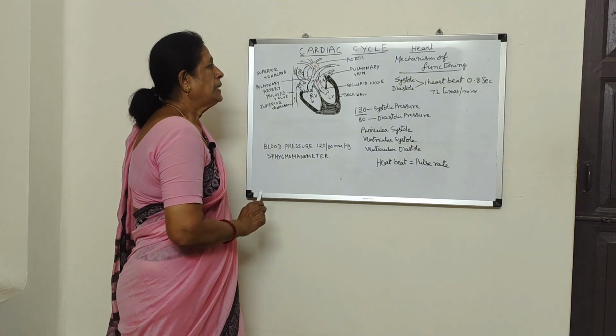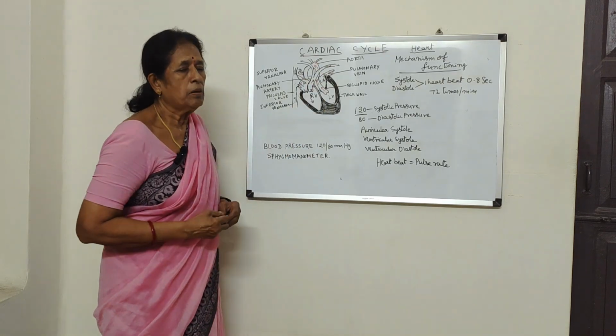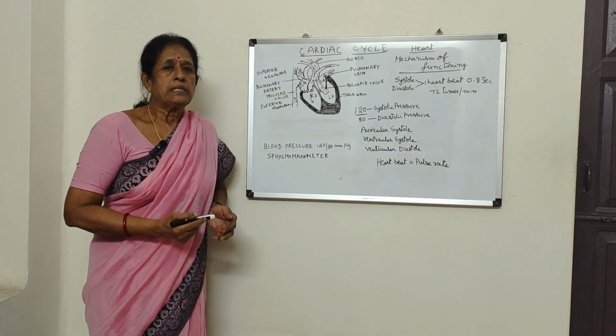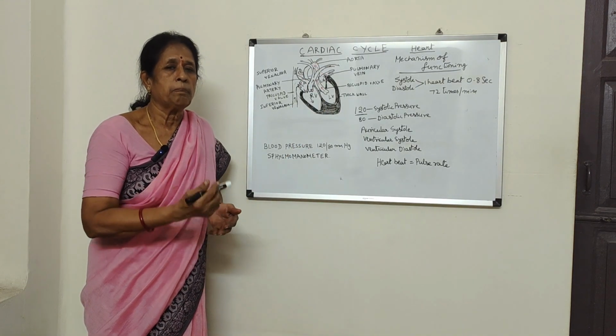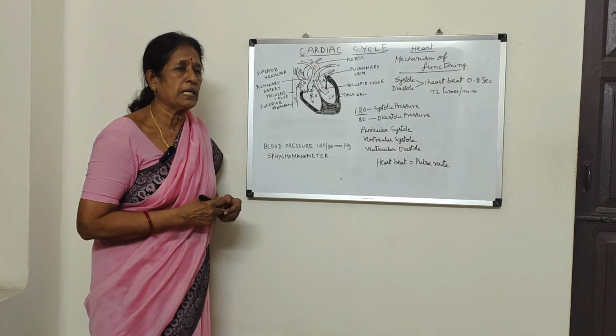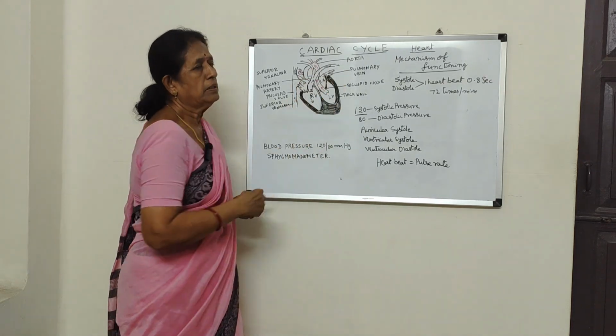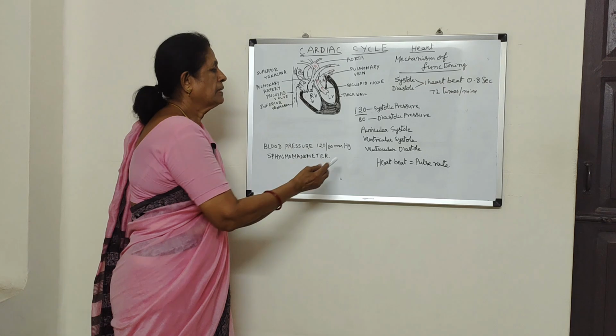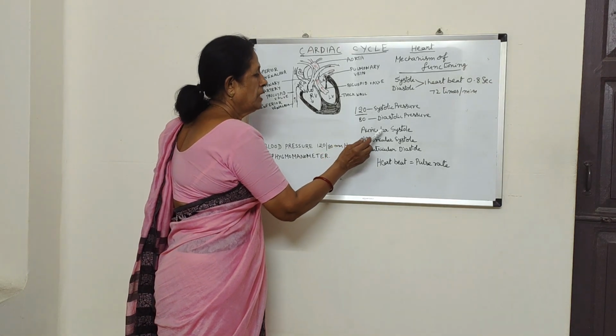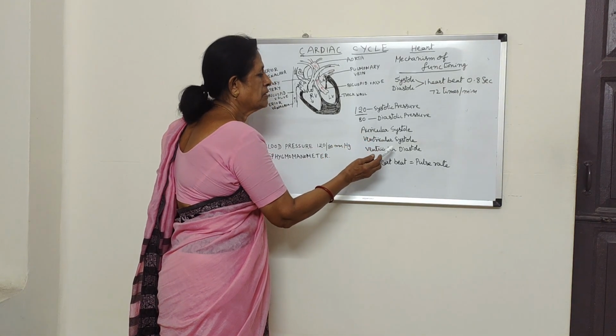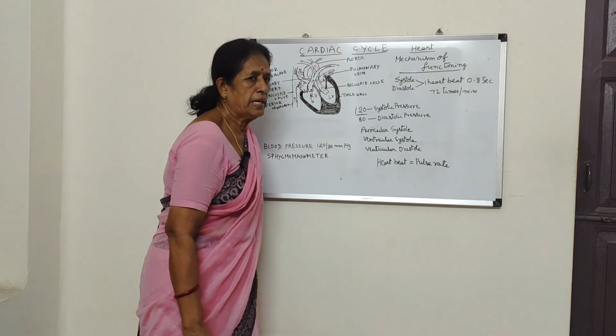Now let us see what the cardiac cycle is, how the heart gets blood and how it pumps the blood. In the form of a cycle, that is why it is called the cardiac cycle. A cardiac cycle includes 3 steps: auricular systole, ventricular systole and ventricular diastole.